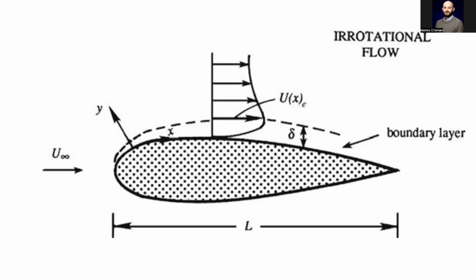So we can say something like u du/dx plus v du/dy is equal to -1/rho dp/dx plus nu times (del squared u/del x squared plus del squared u/del y squared). Right, for the u component.